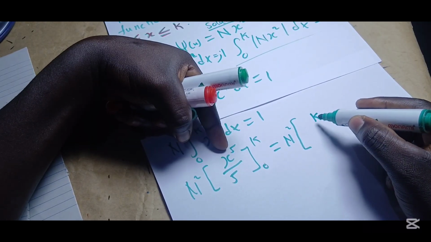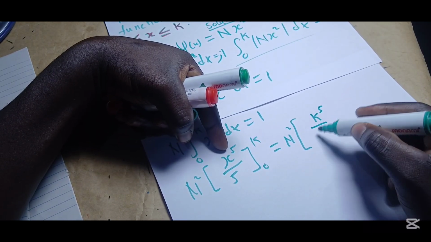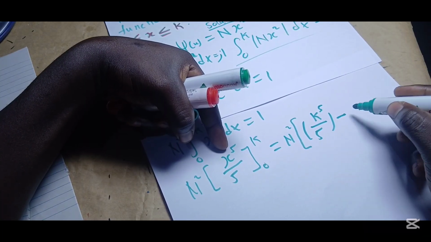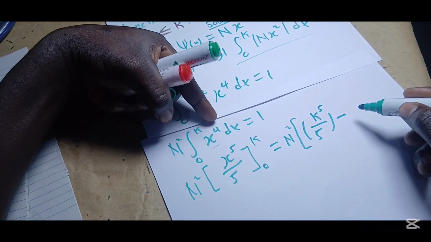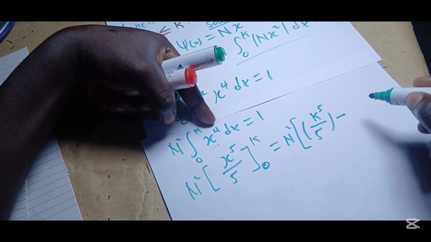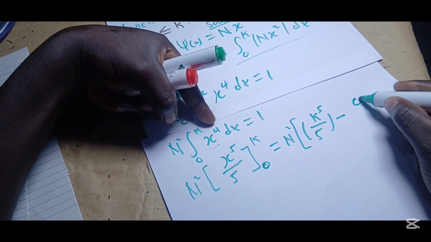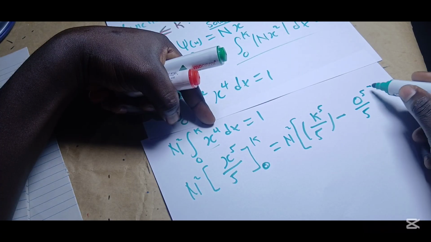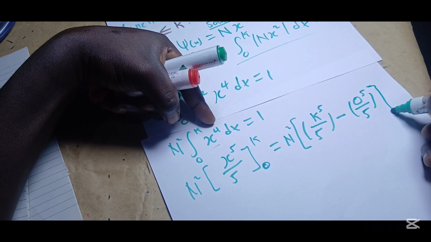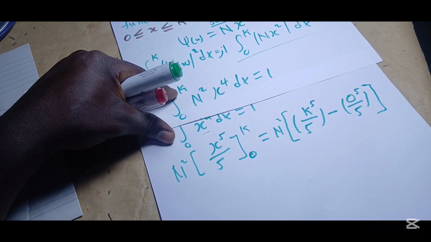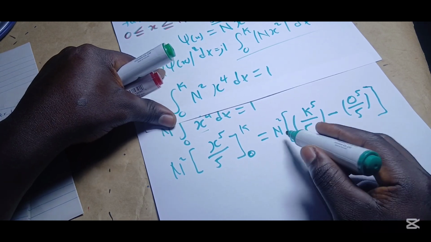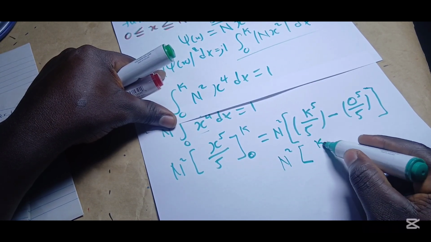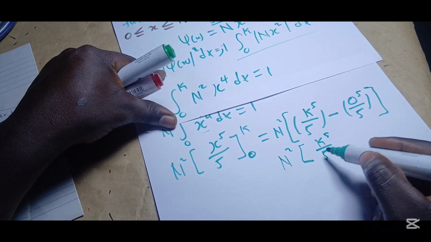So k to the power 5, all over 5, minus, wherever we see x, we put 0 there, the lower limit. So 0 to the power 5, all over 5, multiplying. So now this will give us n squared multiplied by k to the power 5, all over 5.